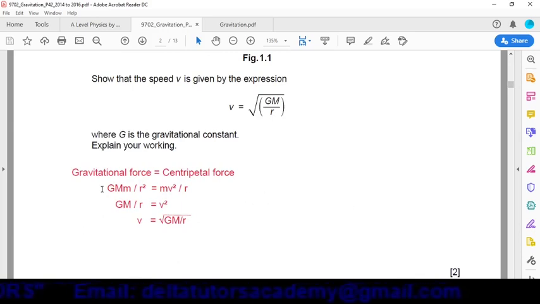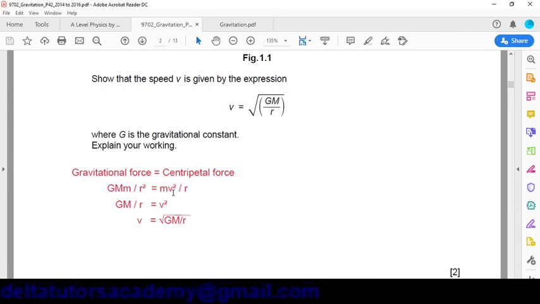Now gravitational force is given as G capital M small m over r square, where this capital G is gravitational constant, this M is mass of the planet, this small m is mass of the stone, and r is the separation between them.